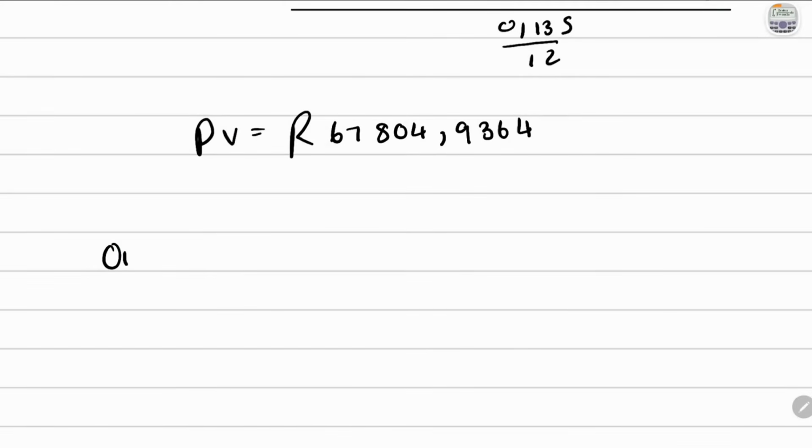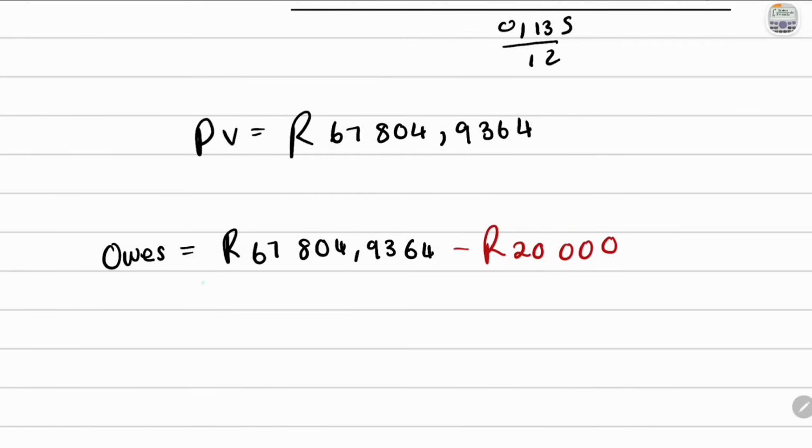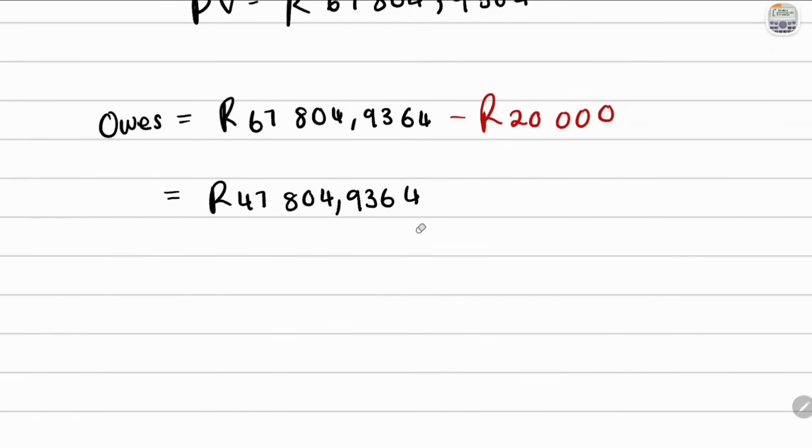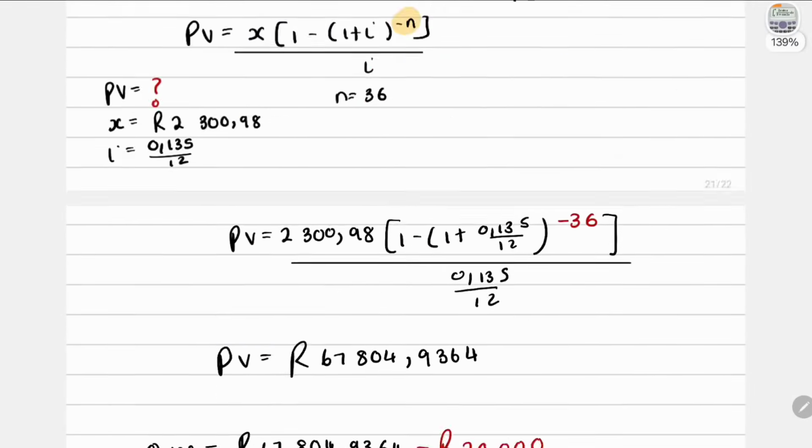So now the new amount he owes is going to be 67,804 minus the 20,000 since he's paying them on that day, which is just going to be 47,804.9364. Okay, so that's how much he owes them right now.